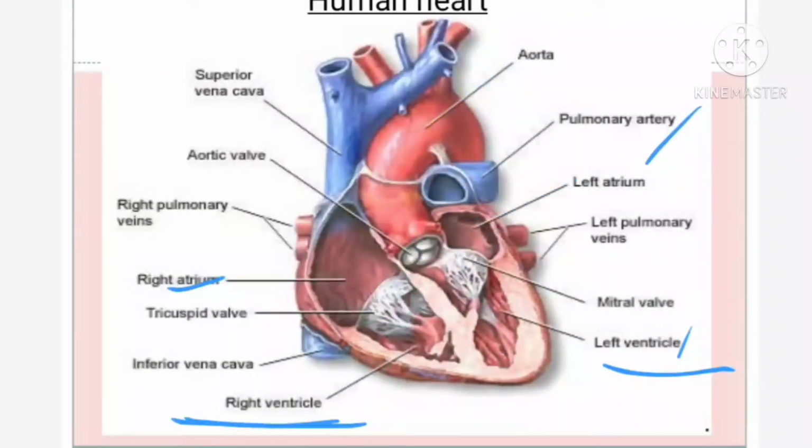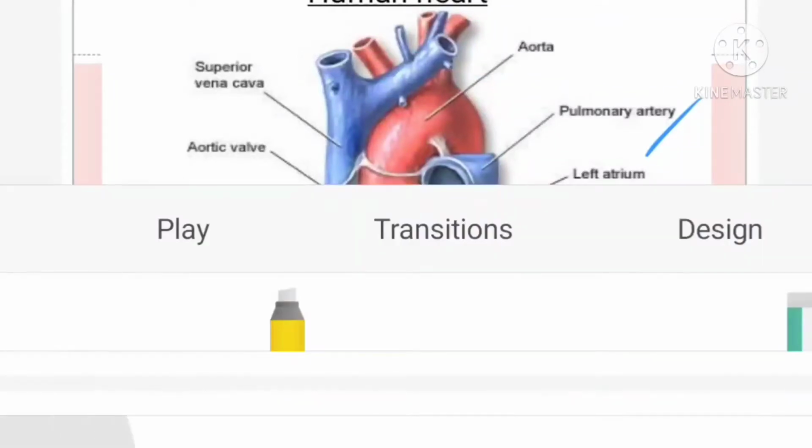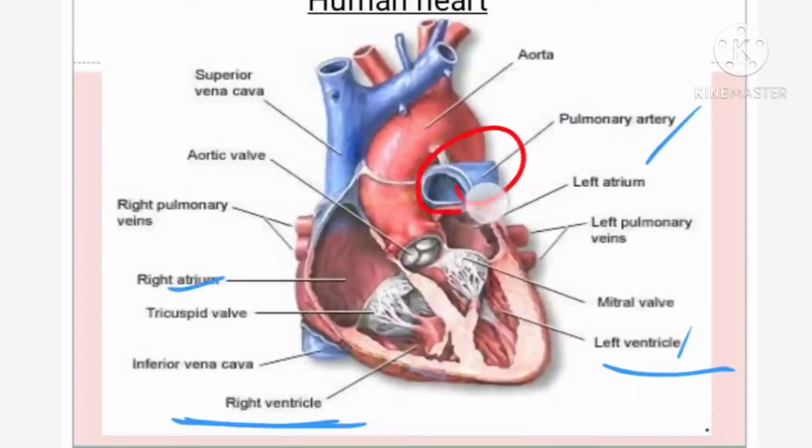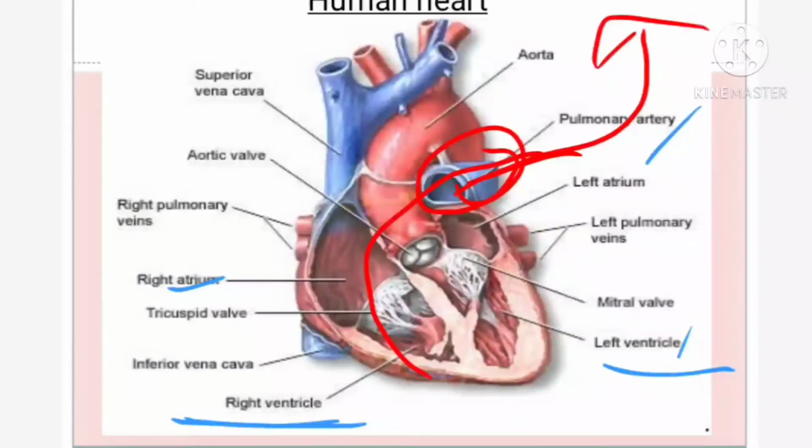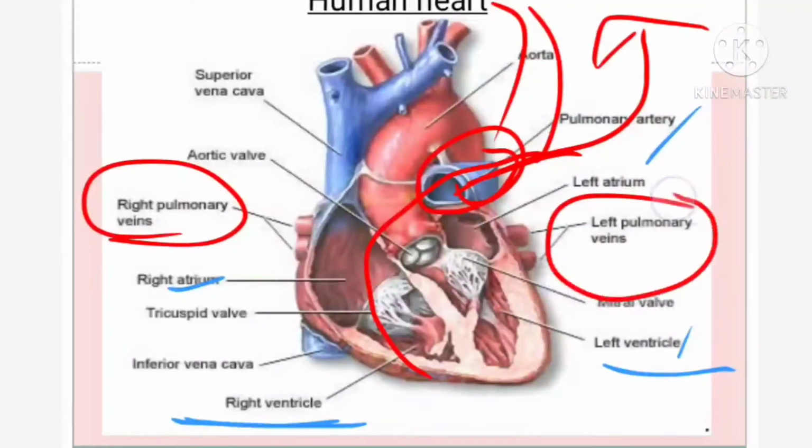So this particular one, this is the valve which is carrying the blood to the pulmonary artery. From the pulmonary artery it is going to the lungs. Okay. So to the lungs it will be moving. Now this pulmonary vein, if you are seeing the pulmonary vein, where it is coming from, we will discuss. Okay. Regarding the pulmonary veins, the right pulmonary vein and the left pulmonary vein, that part I have not discussed, as well as the superior vena cava and inferior vena cava, that we will be discussing.